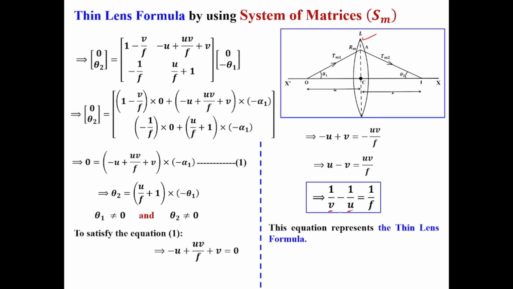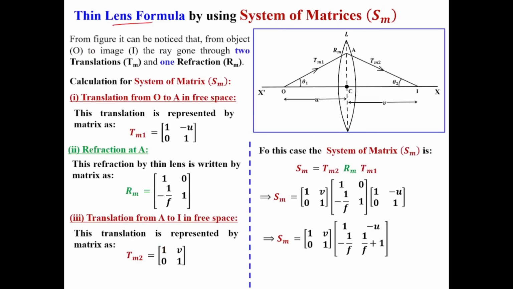Here u is the object distance towards left, v is the image distance towards right, measured from the center of this lens, and f is the focal length of the lens. So this equation we are going to find out by using system of matrix.